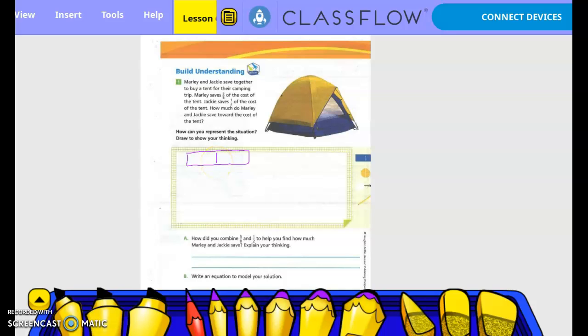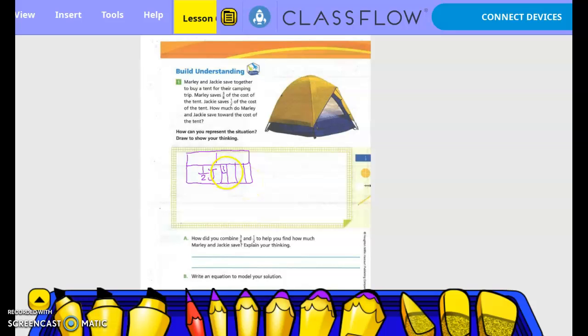Which one would be easier to show first, Marley's or Jackie's? Jackie's, right? So we can put half, and this is Jackie. And then for the rest of this, Marley has what? 3/8. So how many eighths are in the other half? 4, right? So we're going to break this into 4 pieces.